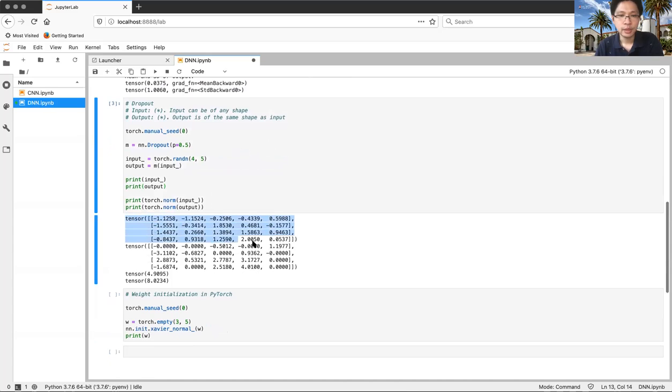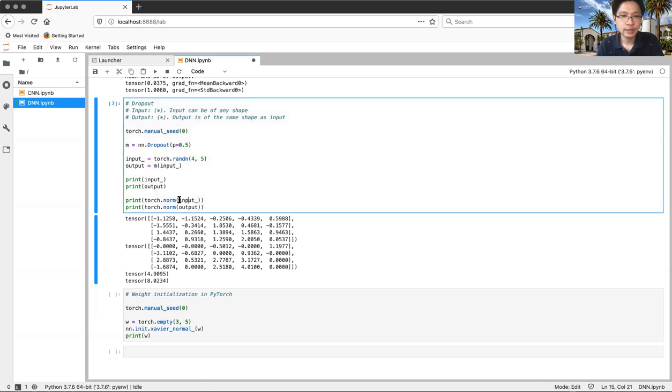So this is the inputs and the outputs. They are the same shape. The shape remains 4 by 5, but there are some zeros in it. These zeros represent the dropped out units, but the values of the remaining ones are scaled up a bit, right? If you look at the norms, it basically increases almost twice.